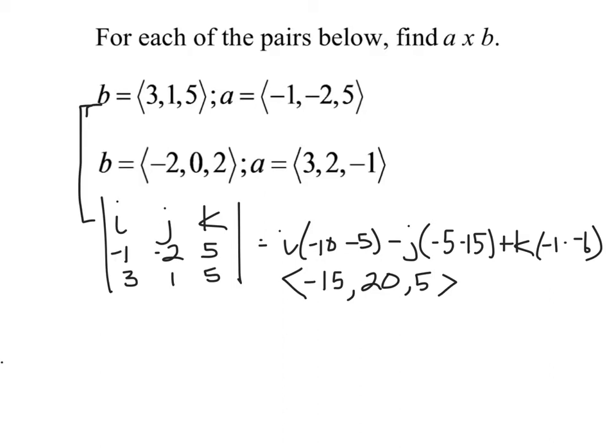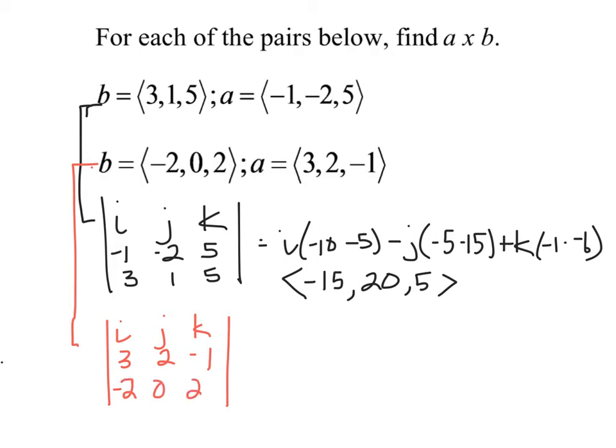All right, let's do the second one. We'll do it right here. So I, J, K, then 3, 2, -1. Okay. So I, it's going to be 4 minus 0.